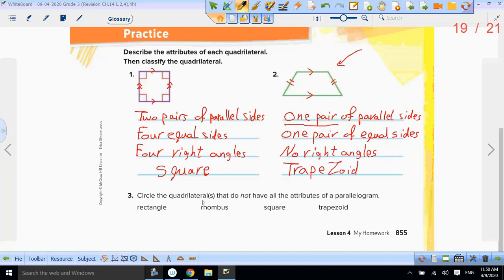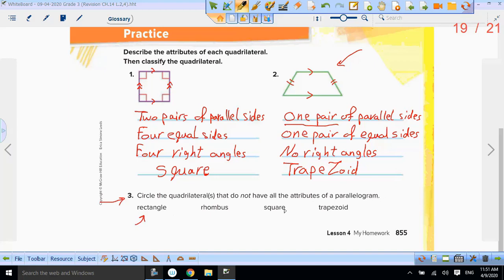Okay, second, the quadrilateral that doesn't have all the attributes of parallelogram. For rectangle, it has all the attributes of parallelogram. What are the attributes of parallelogram? It has two pairs of parallel sides, two pairs of equal sides in length, and each two opposite angles are equal in measure, but it has no right angles.